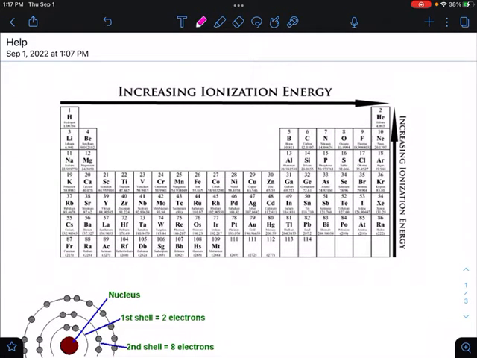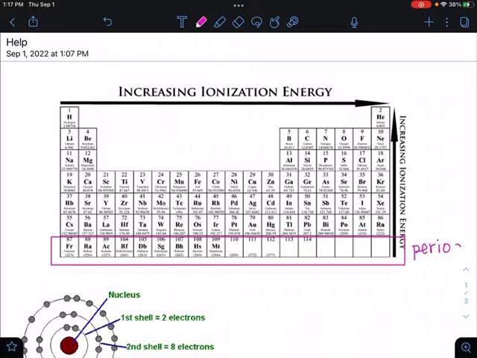First, it's important to know how to go about the periodic table. So rows are called periods, and columns are called groups.